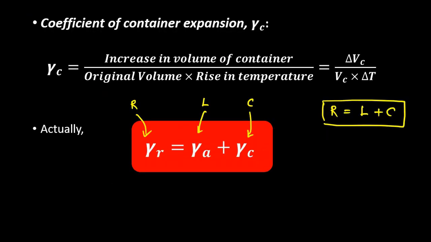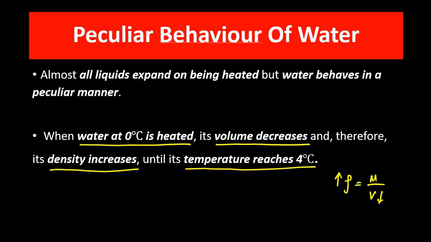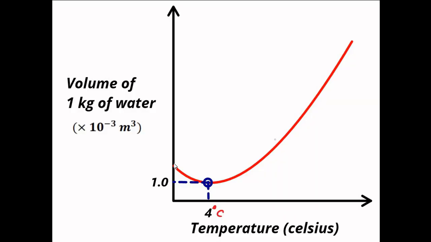Now water, same thing, but the zone from 0 to 4 degrees Celsius is the peculiar zone. When water at 0 degrees Celsius is heated, its volume first decreases. Instead of increasing on getting heated, it first decreases from 0 to 4 degrees Celsius. Minimum volume at 4 degrees Celsius, as a result maximum density.